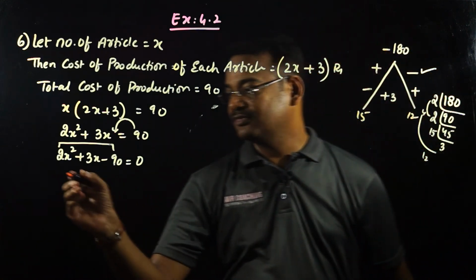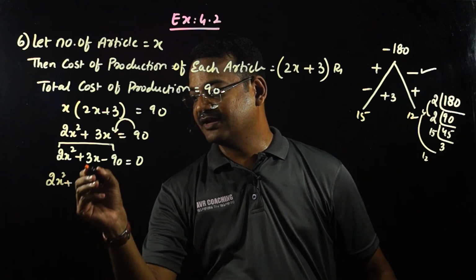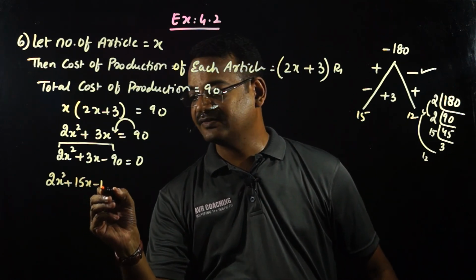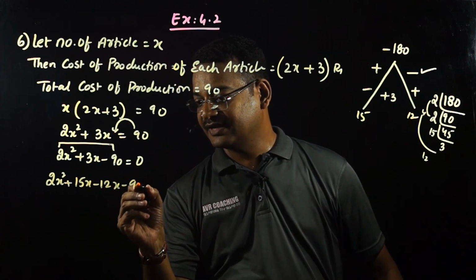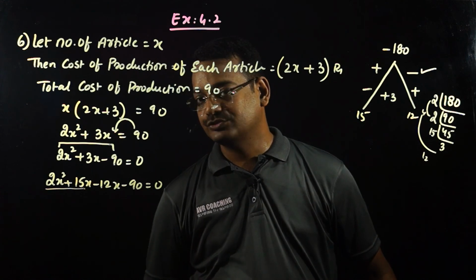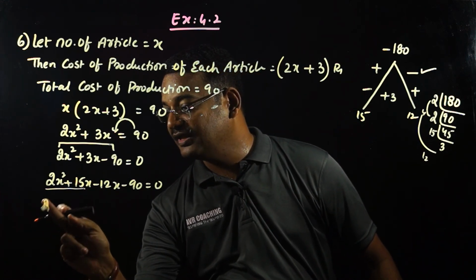So we will split the middle term and write 3x as 15x minus 12x, so 2x square plus 15x minus 12x minus 90 equal to 0, and in the first two terms the common factor is only x.